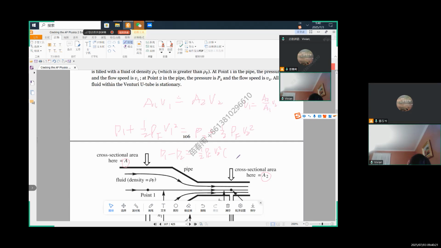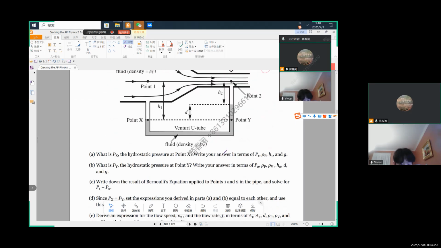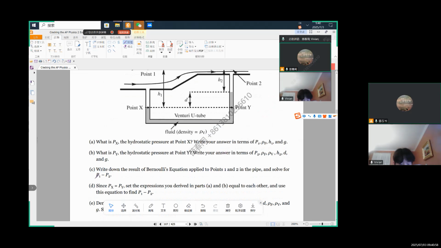That means this one is going to be 1 minus A2 over A1 squared, and I get the common factor 1 over 2 rho F times V2 squared. Does that make sense? I think that pretty much answers this question, right? Also, it's something that we just did in the previous question.